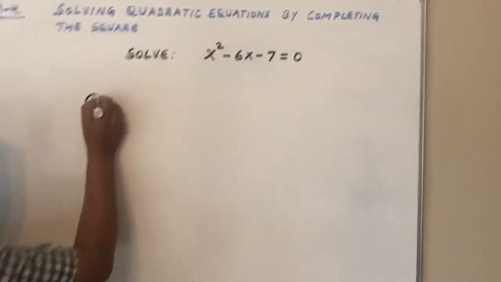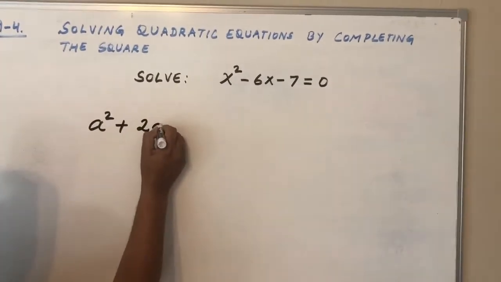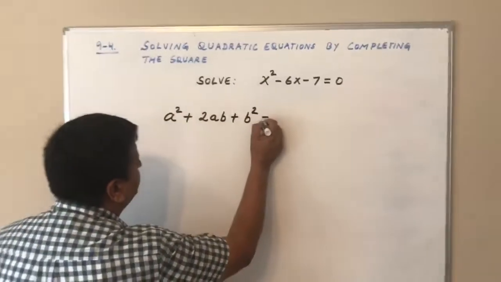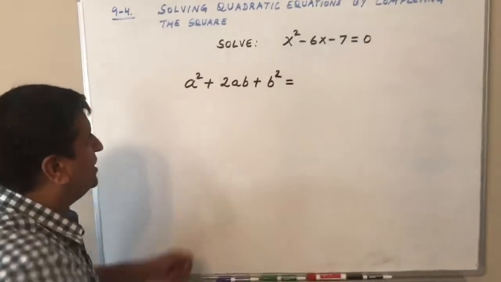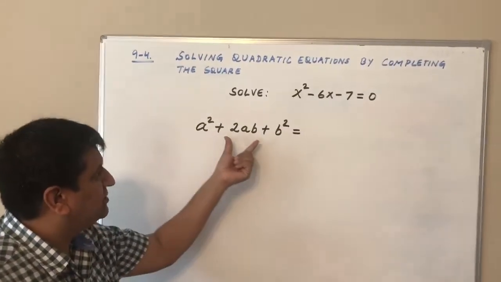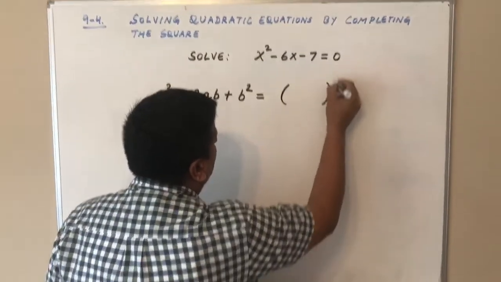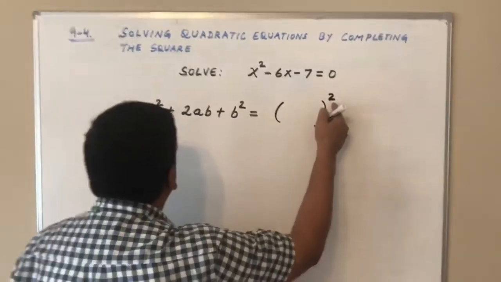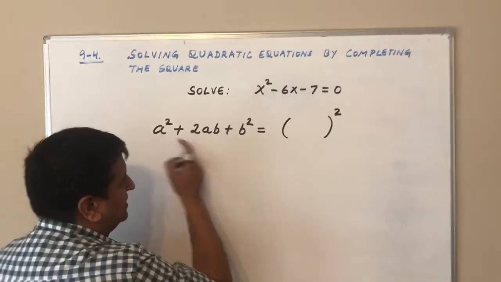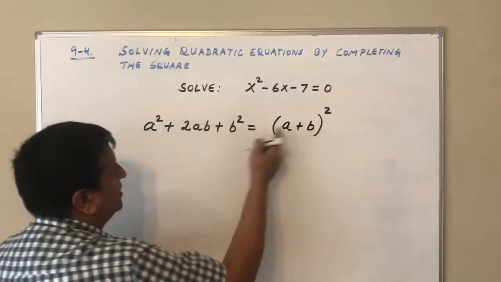A perfect square trinomial is in this form: a square plus 2ab plus b square. A trinomial in this form, this is a trinomial because it has three terms, 1, 2, and 3, can be written as a square of, square means power is 2, one of these factors, a and b, the other one is b.